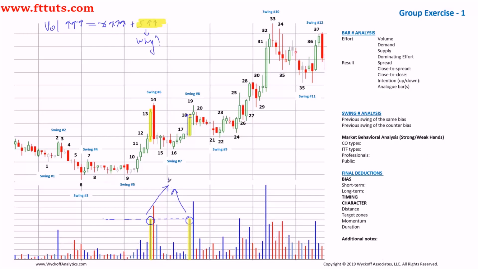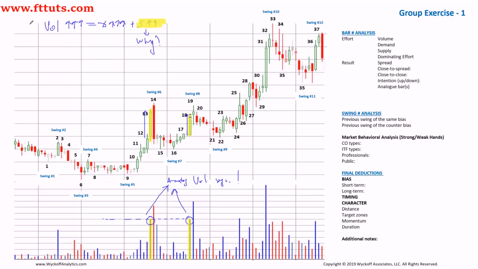Look at this, guys. Analog volume signature. Okay, great. And also spread-wise, we also have two bullish bars, right? And they are both expanding in the spread.